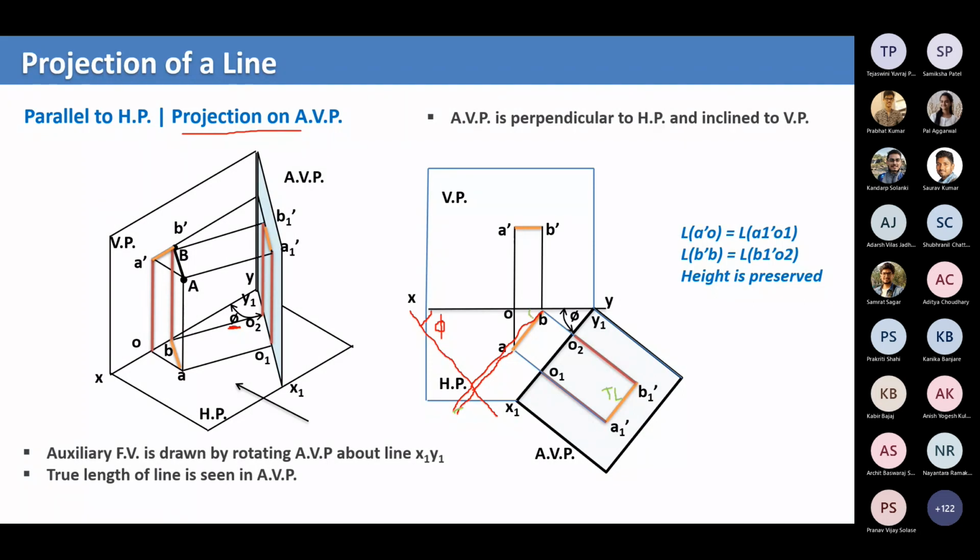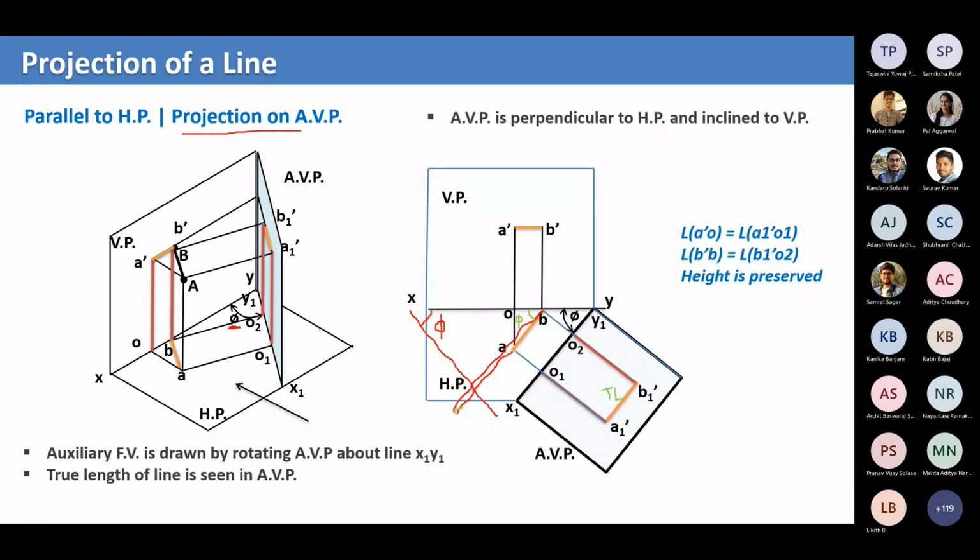One more thing is that this angle will be phi. It's not given in the question, but these points will help you when you take up the next one. When you have an auxiliary plane at the exact angle of the line, then when you project it, you get the true length of the line.